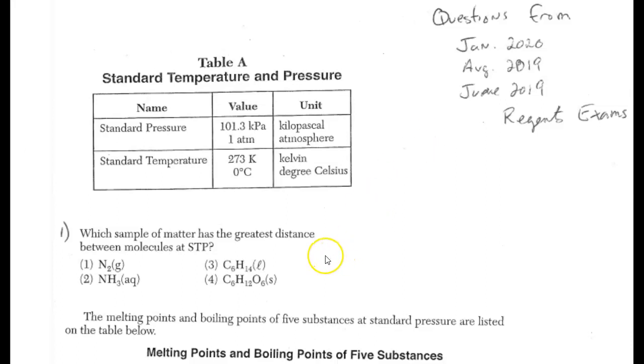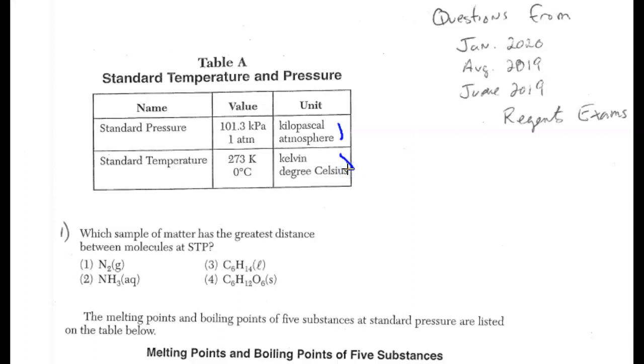With number one here, we're looking at the greatest distance between molecules at STP. If you had forgotten, reference table A shows you STP is standard temperature and pressure. Standard pressure, you're given 2 units, and standard temperature, 2 units.